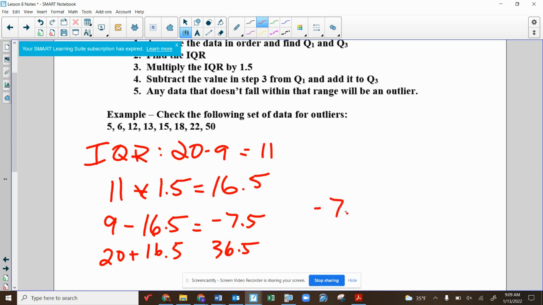So you would go from negative 7.5 to 36.5. Any numbers that fall outside of that range are outliers. So obviously we don't have any negative numbers, but we do have numbers that are bigger than 36.5. That's 50. So 50 is an outlier. That's how you do outliers, and that is section 8. Let me know if you got questions.